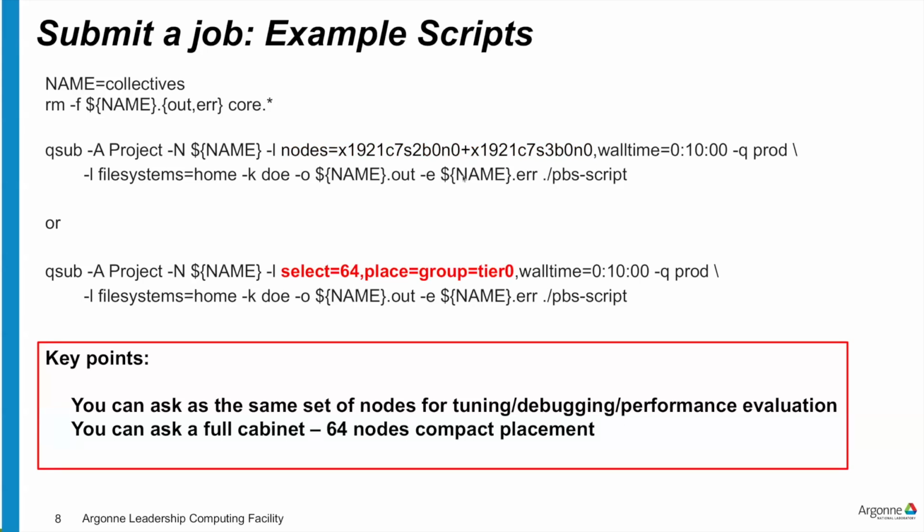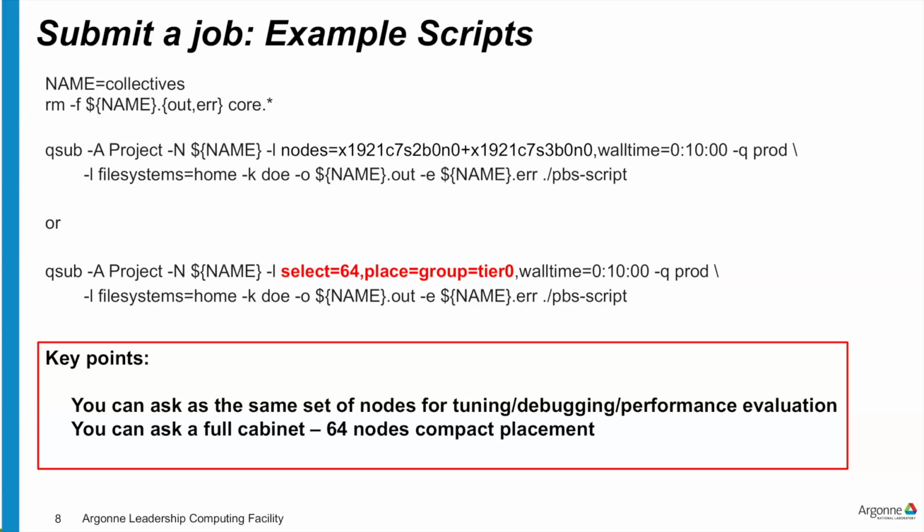The second consideration is for those people who need a very close allocation of the nodes, particularly for collective communication operations, those who need very high bisection bandwidth for a small subpartition. You may ask to allocate 64 nodes in compact placement, which means you can get the full cabinet instead of having the nodes spread around the full machine, with only a few nodes located in the same cabinet.